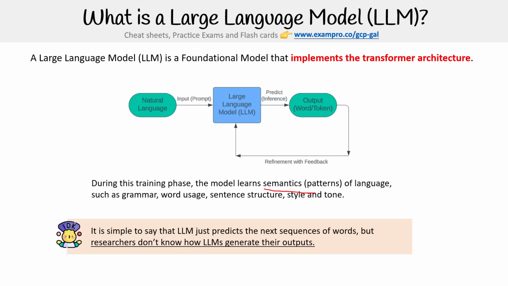But the honest truth is researchers do not know how LLMs generate their outputs, because there are so many layers and there's so much going on that at this point, the level of complexity makes it very difficult to truly understand how it is reasoning its output. But it looks like it's just doing word for word, but there is a bit more to it, okay? But there you go.